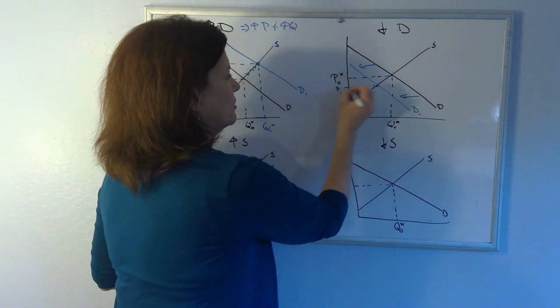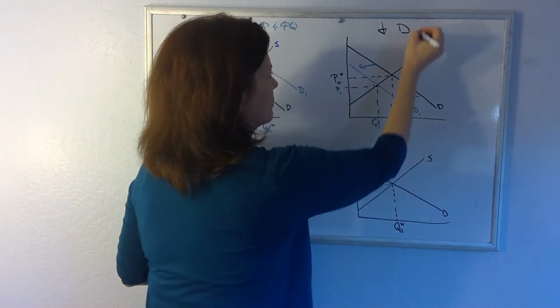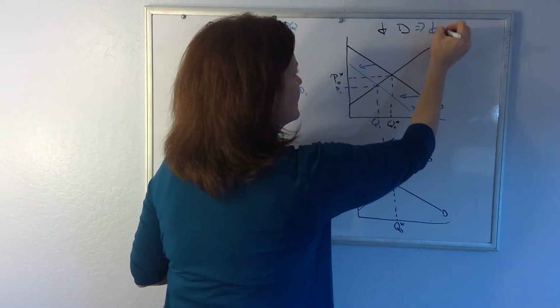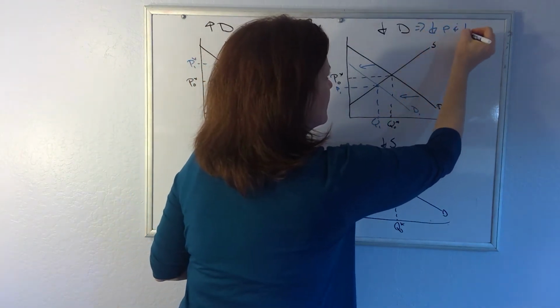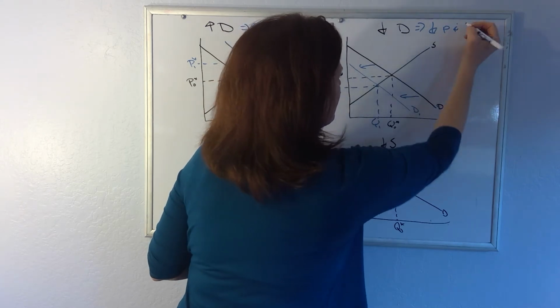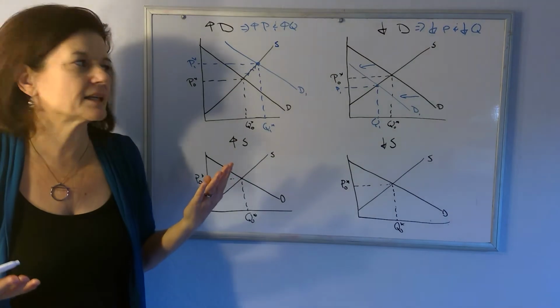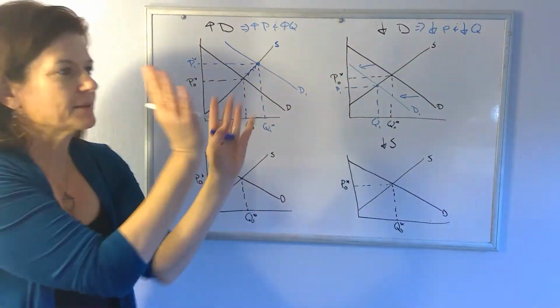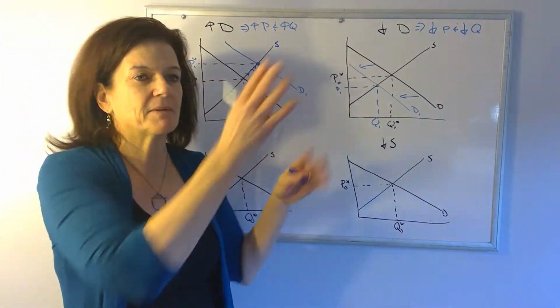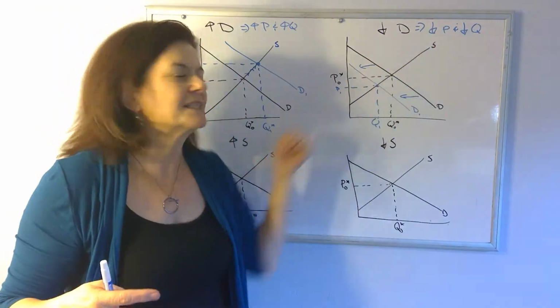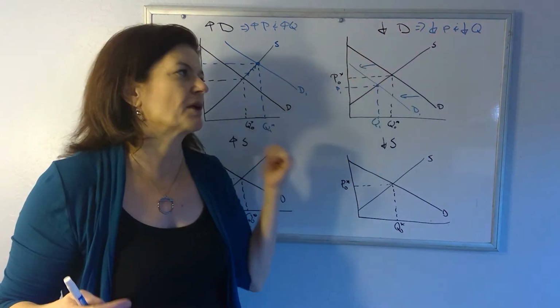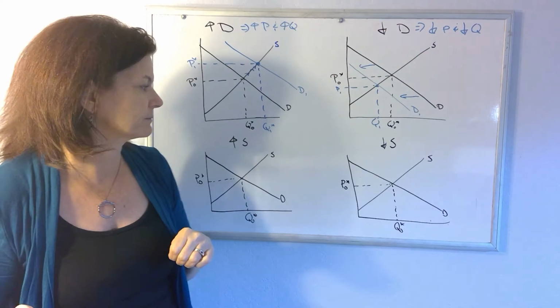The new equilibrium will be at a lower price and a lower quantity. Again, this is true regardless of what market we're talking about, regardless of the reason for the demand decrease. Every demand decrease looks like this. The exact shape of the supply and demand curves may look different. They may be steeper, they may be flatter, they may be curved, but a decrease in demand by itself is going to drive down price and decrease quantity.